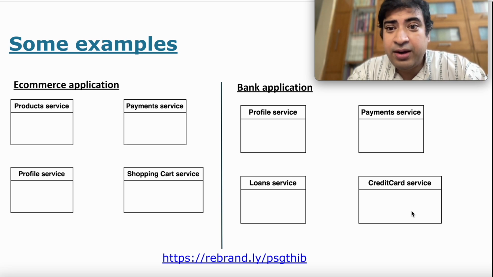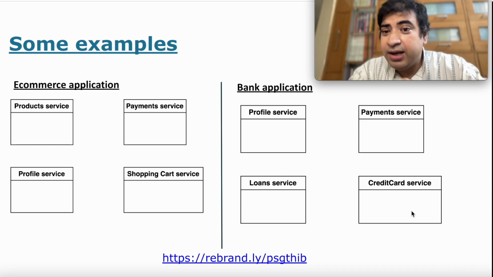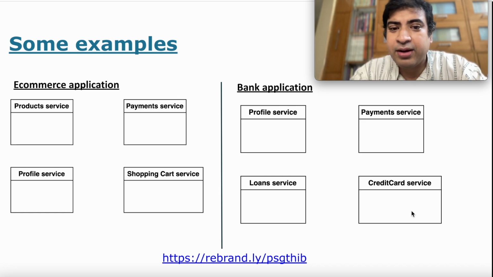The payment service will be responsible for handling payment via various gateways and accepting different types of payments like card payment, internet banking payment, etc. The profile service would store the customer profile, customer password, or maybe something else, and the shopping cart service will solely deal with the functionality of the shopping cart.